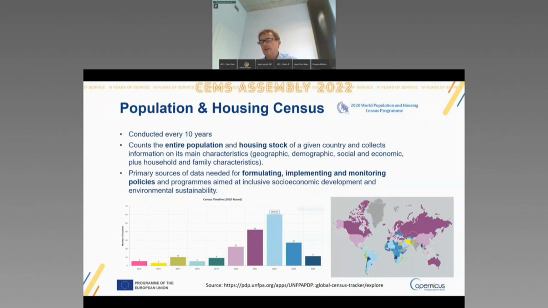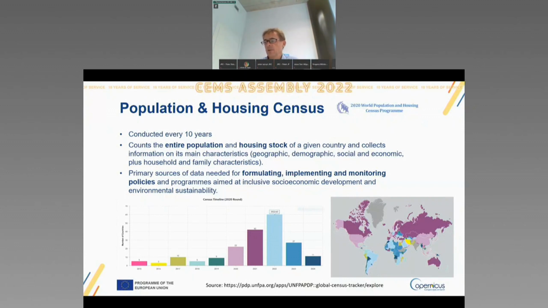We are already happy if we are getting all countries within a +5, -5 years time frame, but there's always countries that are for many reasons, political, financial, also disaster-related reasons. Also this time, the 2020 census round was heavily impacted by the COVID pandemic. So we have huge delays there.